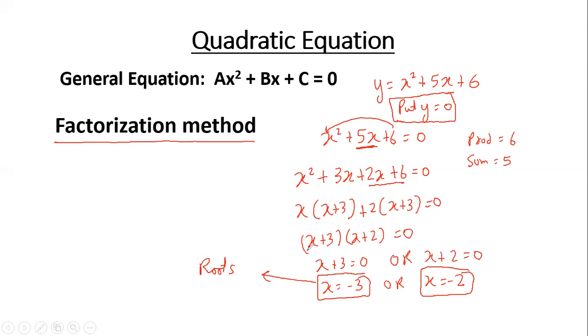These values are called the roots because whenever you put these roots back into the equation, they always satisfy it. So that's how you solve for the roots, or solutions, of the equation. How do you solve for roots? By a very easy method called middle term splitting, or you can call it the factorization method. You do the middle term splitting, solve it, and you get the roots of the equation.